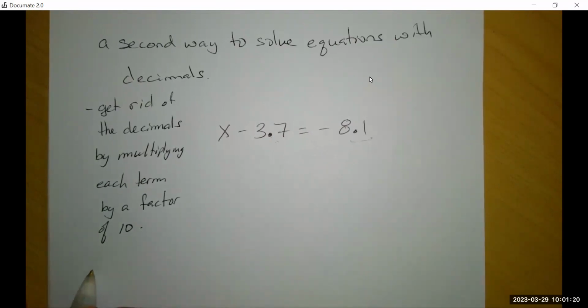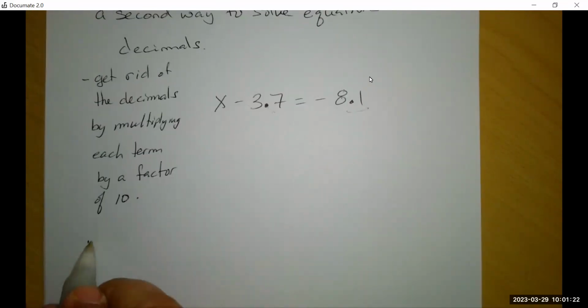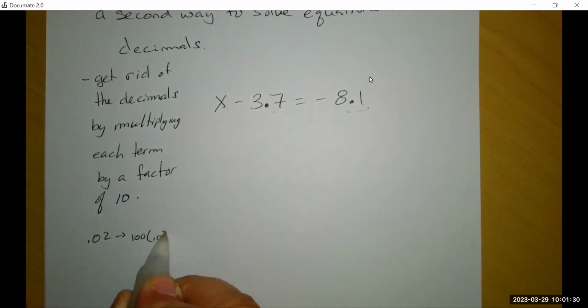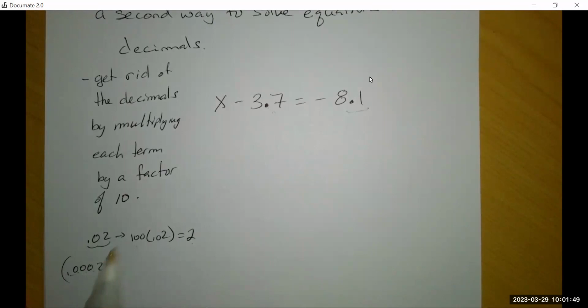If I had the number 0.02, I would multiply by 100. Each decimal place is a 10. 0.02 times 100 is 2. 0.0002, 1, 2, 3, 4, times 10,000 equals 2.